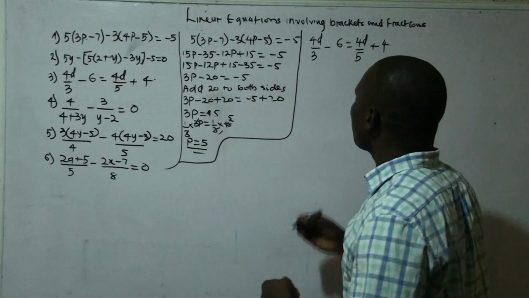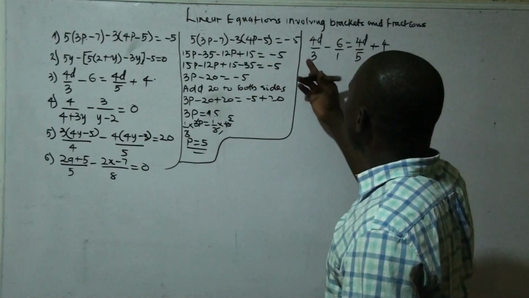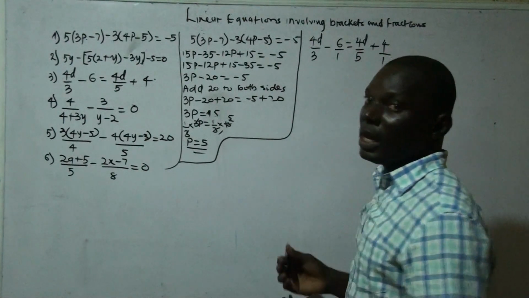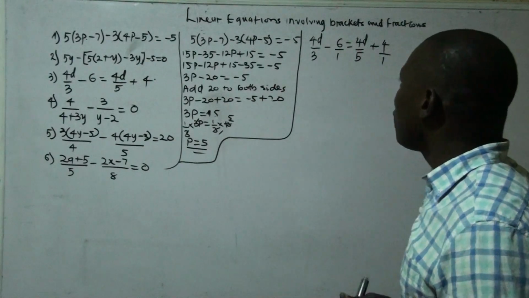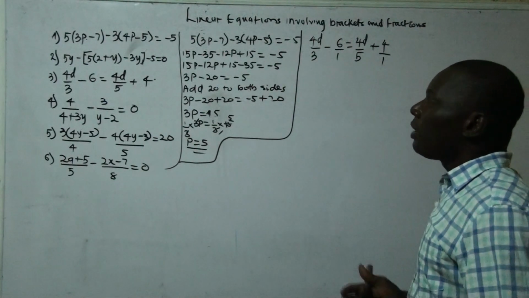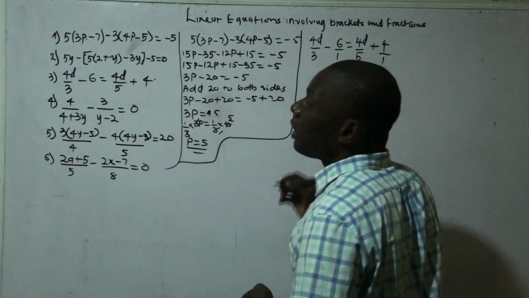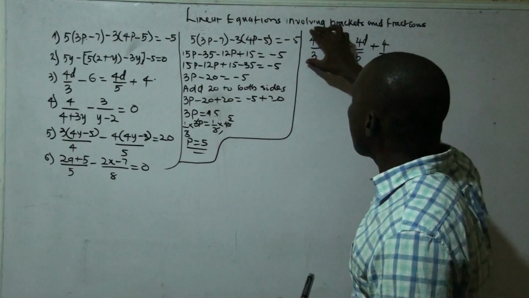All you need to do, first of all, all these are over 1. So we find the LCM of the denominators on both sides. The LCM of 3 and 5 is 15. Having obtained the LCM, you multiply through by the LCM.